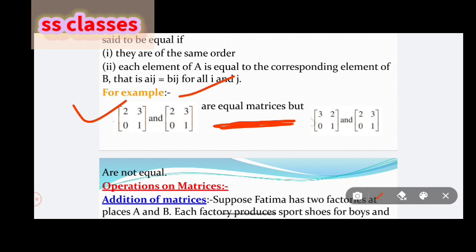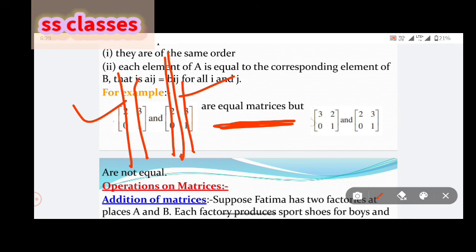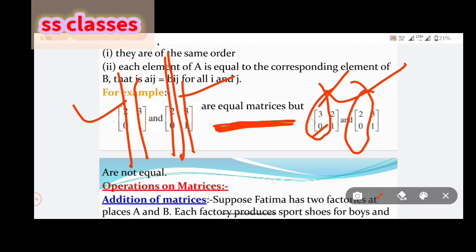This is one rectangular array and this is the second rectangular array, with the same elements: the columns of the first matrix are equal to the columns of the second matrix, so these are equal matrices. Otherwise they are not equal. This is not an equal pair, because 3 and 0 form one column, but the second matrix has a column of 2 and 0. The first element is 3 in one and 2 in the other, so they are not equal, and the other pair is equal.